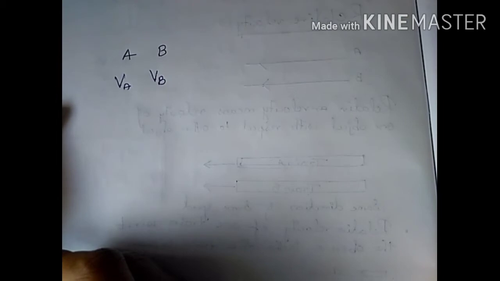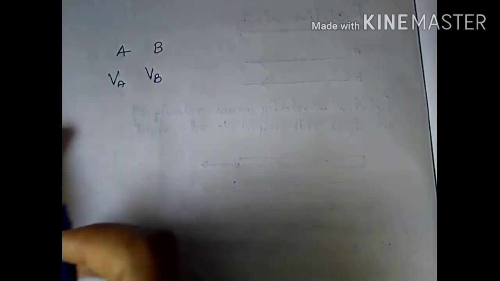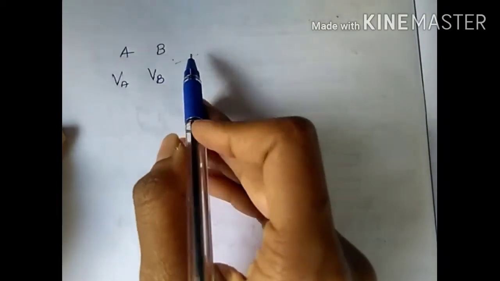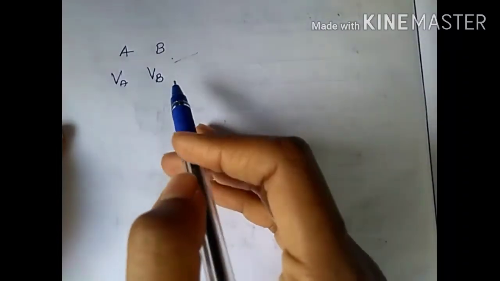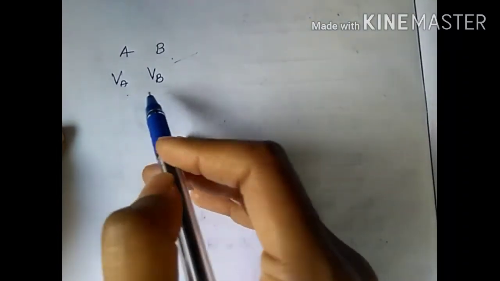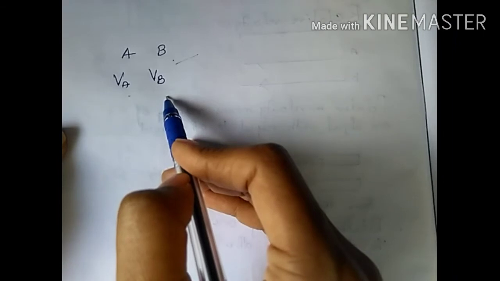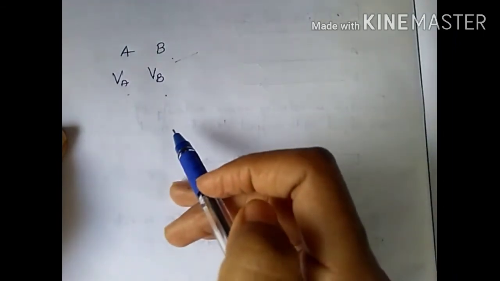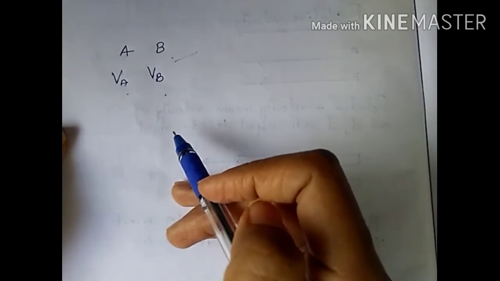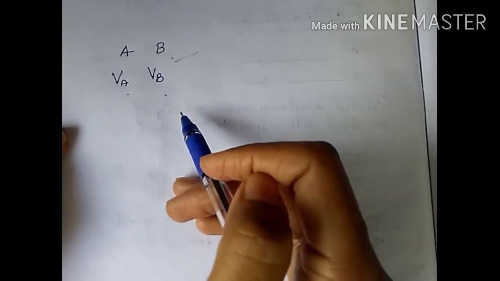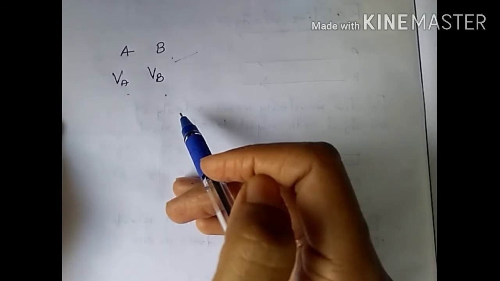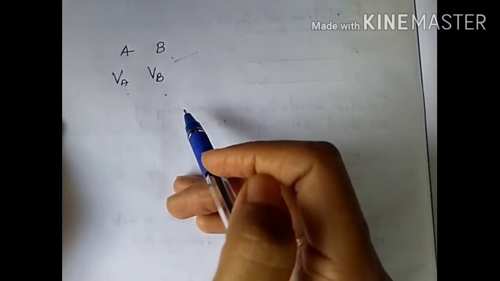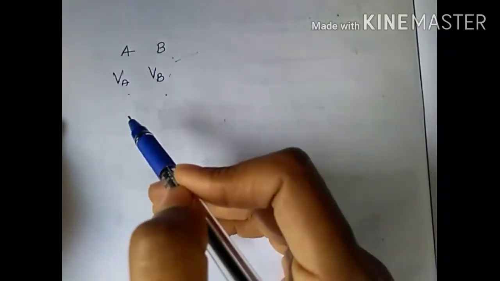There are two objects A and B moving in a straight line, so the dimension for this problem will be one dimension. We can select the x-axis for the motion of these two bodies.